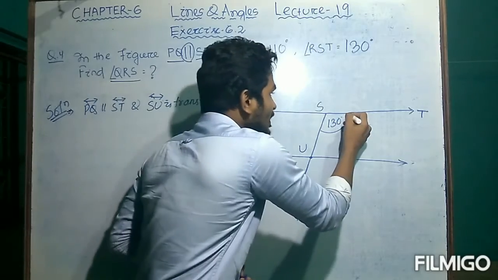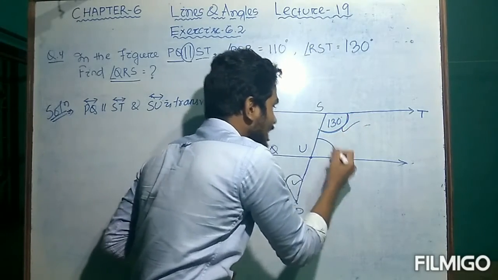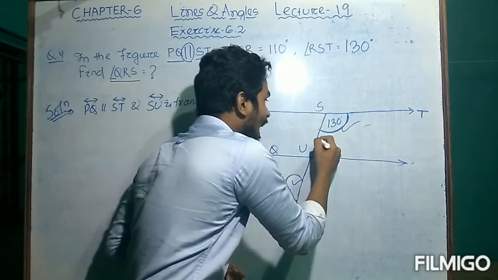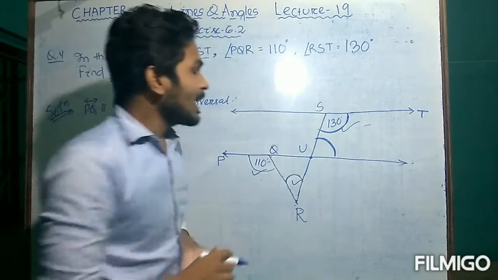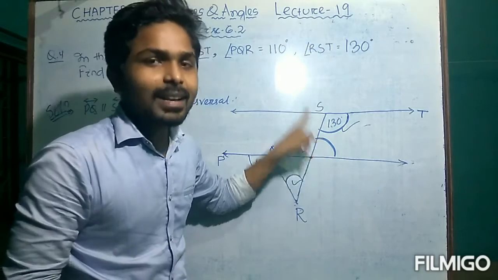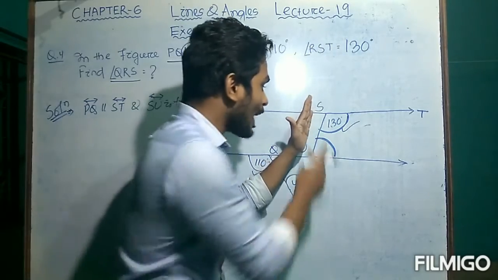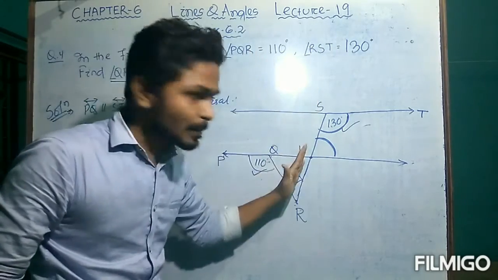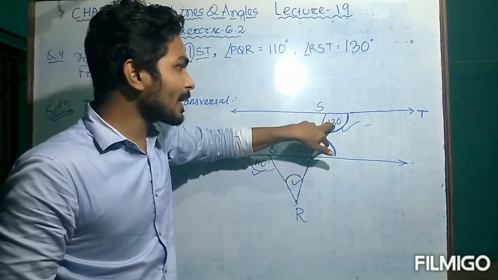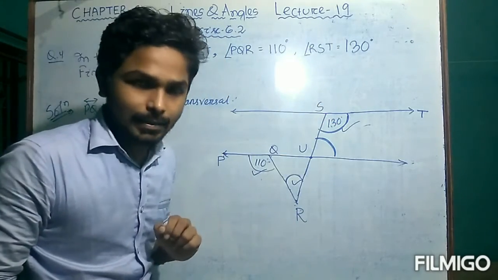Then tell me, what is the relationship between this angle and this angle? These two angles are known as co-interior angles because they both lie on the same side of the transversal line and they are interior.